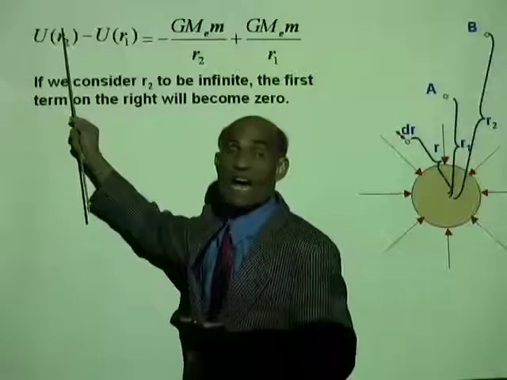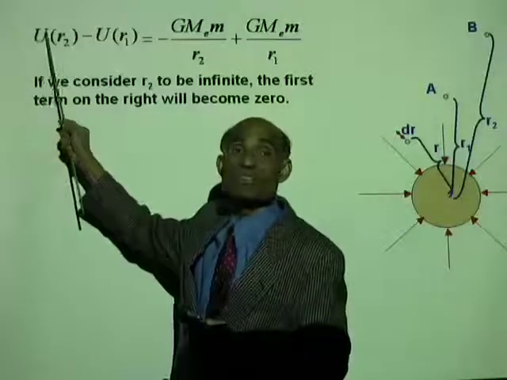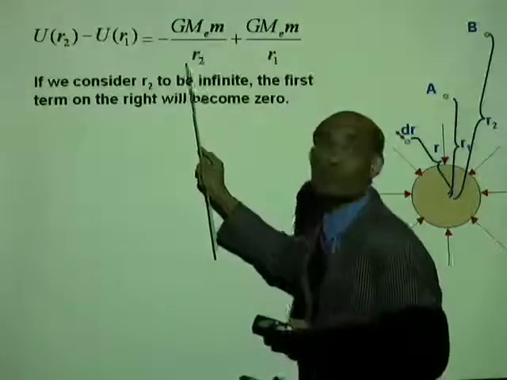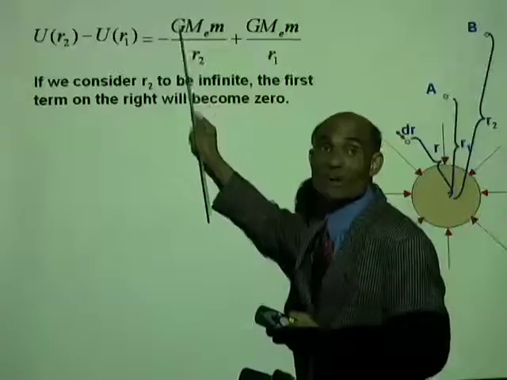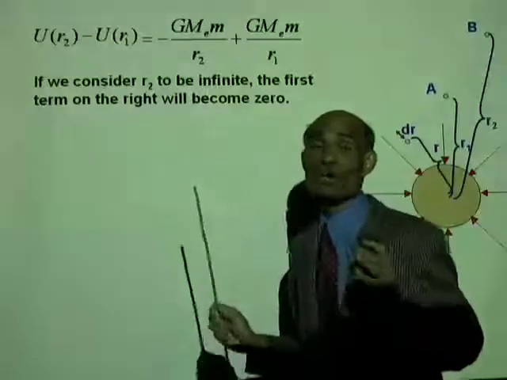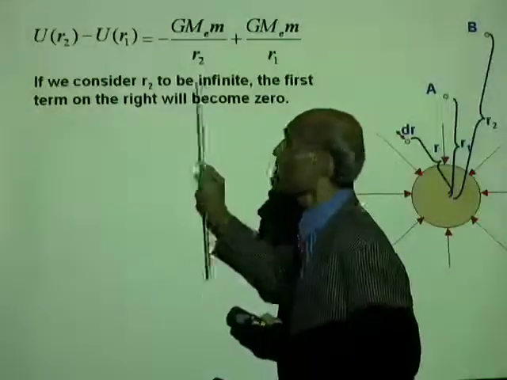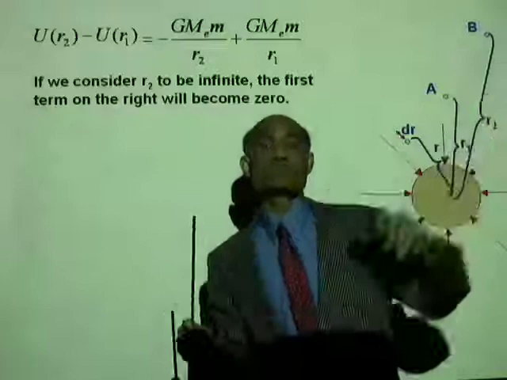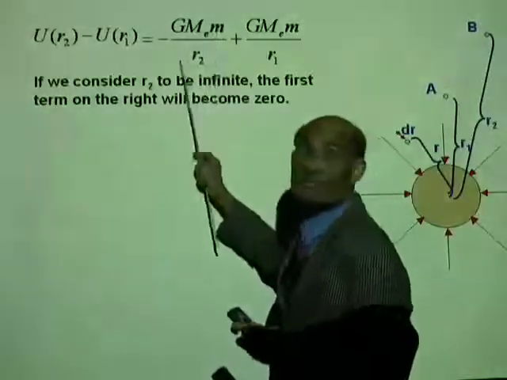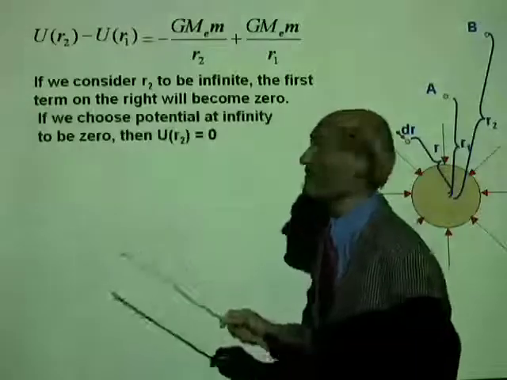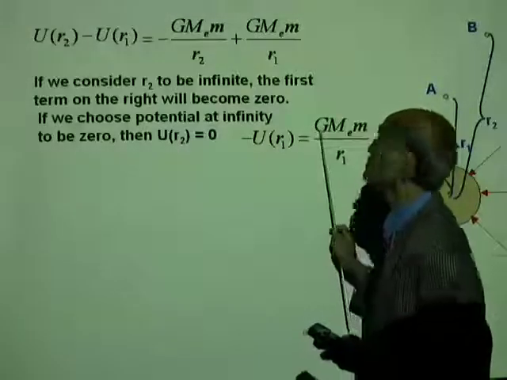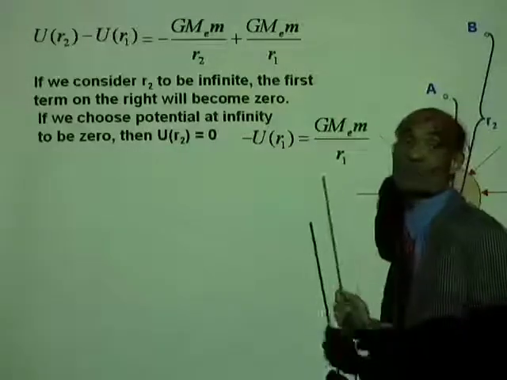The potential at infinite distance from the Earth is 0. Also, when r2 becomes infinity, any quantity divided by infinity will be 0. So the moment we say r2 is infinite distance from the Earth, it reduces this term to 0 and this term to 0, and that gives us negative U(r1) is G M_E m over r1.